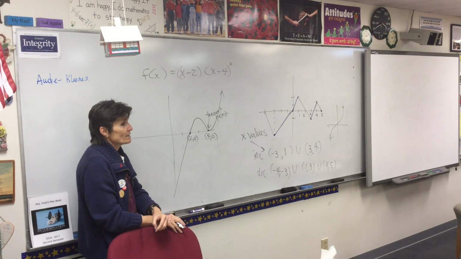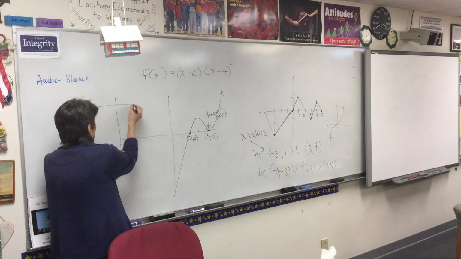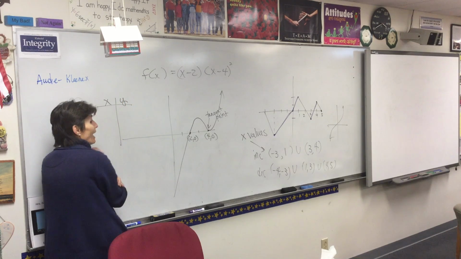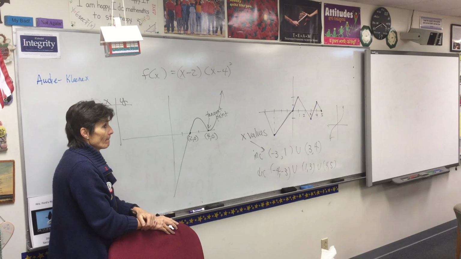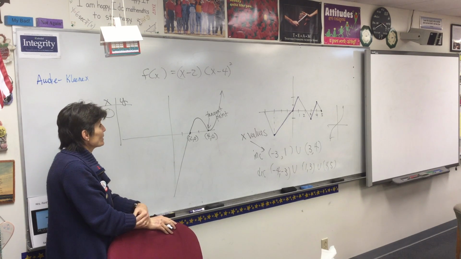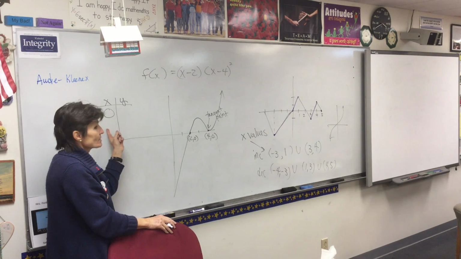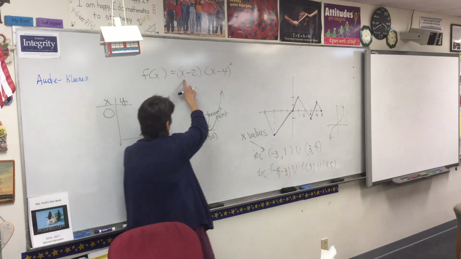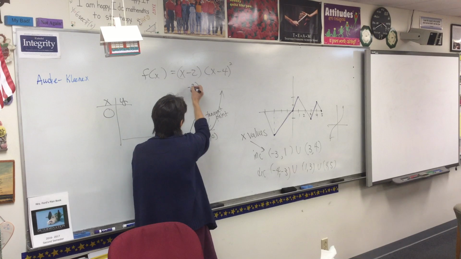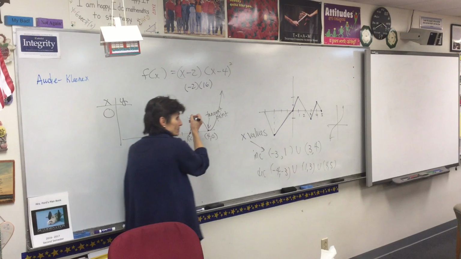Now, what about the y-intercept? I didn't have you graph that a whole lot, but you know how to find a y-intercept. If we are finding a y-intercept, doesn't x have to be 0? I know we talked about that whatever intercept you're finding, the other letter is 0. So if I want a y-intercept, I'm going to let x be 0. And if I let x be 0, this one's -2, and this one would be 16.